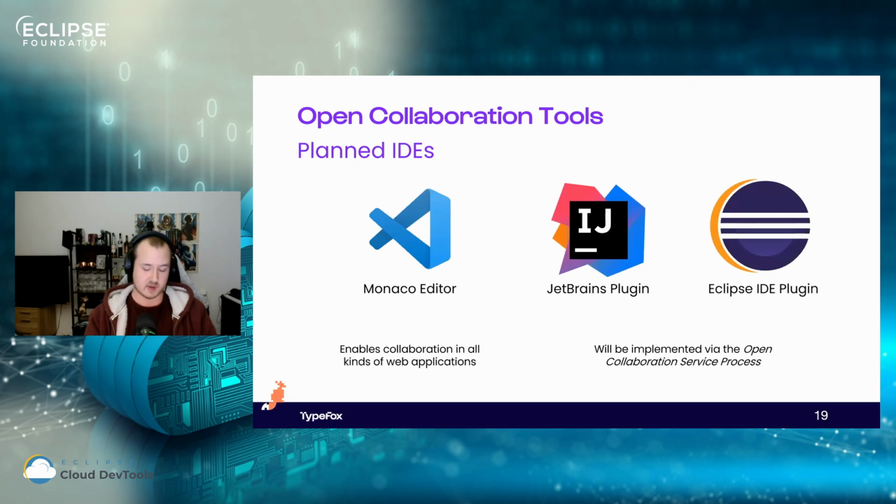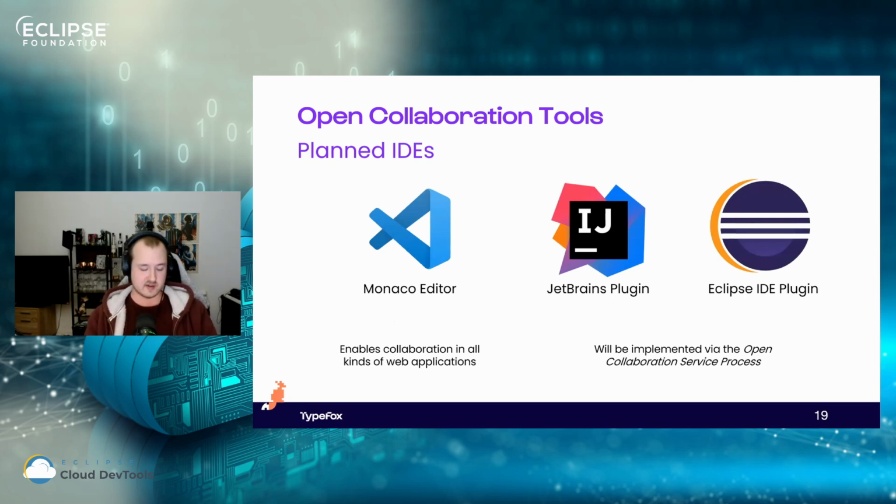And then obviously we have more planned. Right now, as I mentioned, we only support VS Code and Theia. Next up, which is already in the works, is support for the Monaco editor. I've talked about integrating Monaco editors in web applications, for example. This is supposed to enable collaboration in all kinds of web applications that don't require a full IDE.